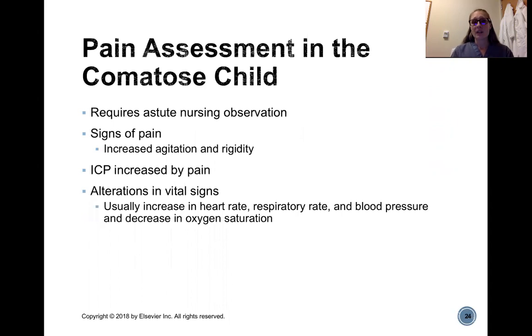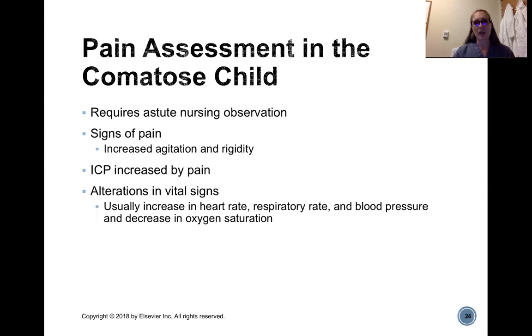So we obviously want to keep pain down because the pain is going to increase the intracranial pressure. But how do we tell if a patient who is in a coma is in pain? We're going to have to look really closely. Again, these neurological patients require astute assessment and observation. We're going to look a lot at their vital signs and just how the patient is acting.